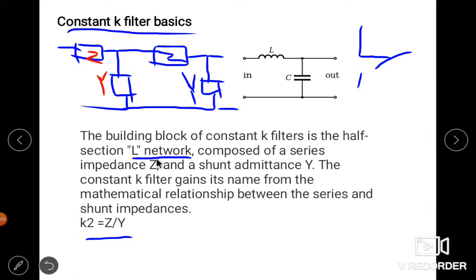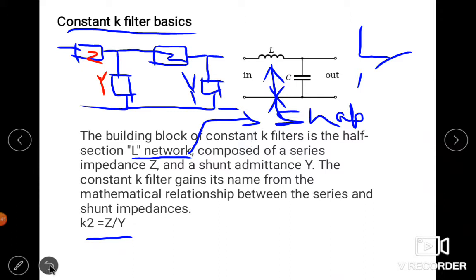This refers only to the shape of the filter, right? And it should not be confused with the inductance L, right? So this might be very clear about this section, right?